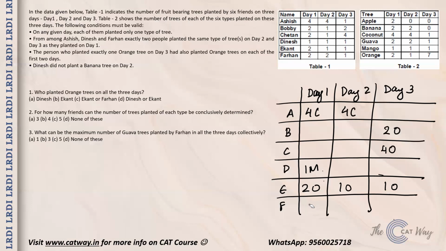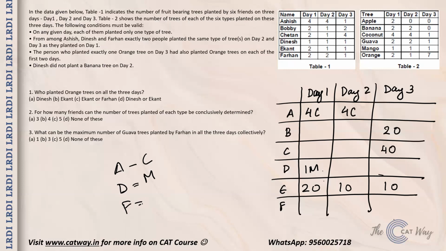So what are the possibilities? If Ashish has to plant the same tree, it has to be coconut. If Dinesh has to do it, it has to be mango. And if Farhan has to do it, then what can it be? It cannot be orange, it cannot be mango, it cannot be coconut.